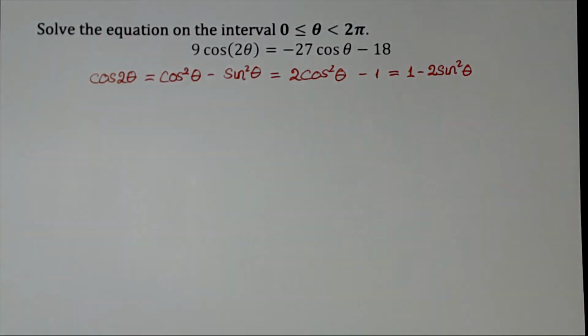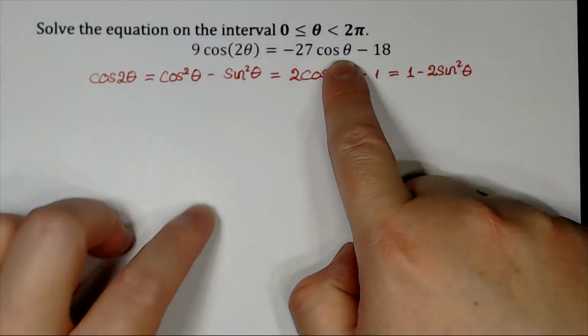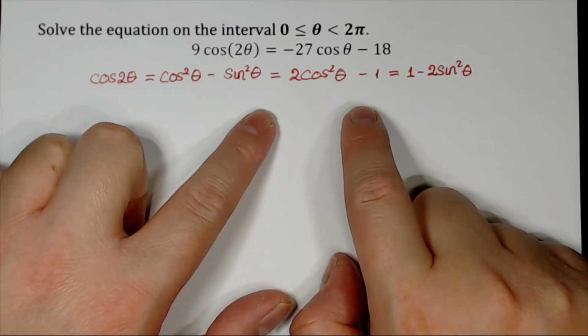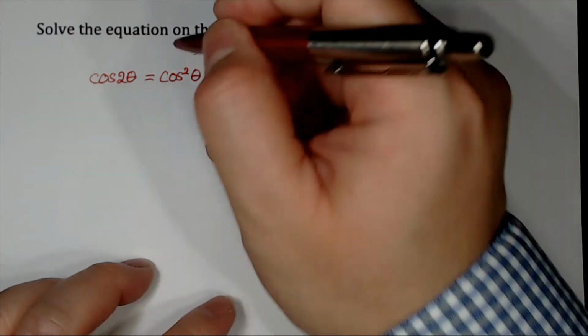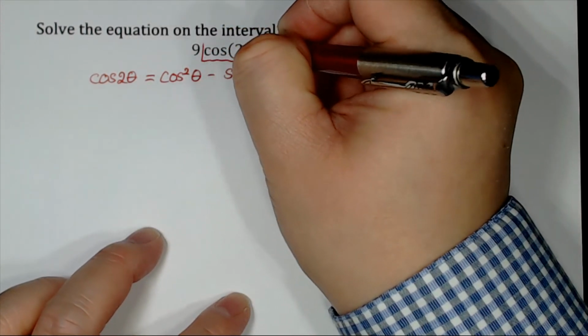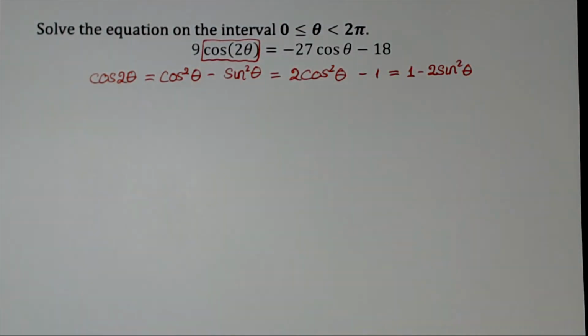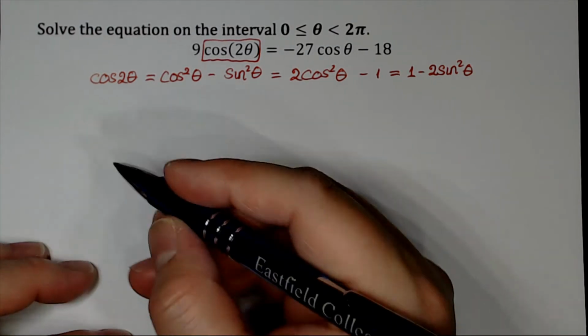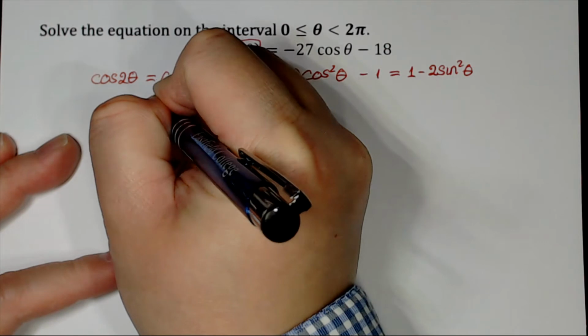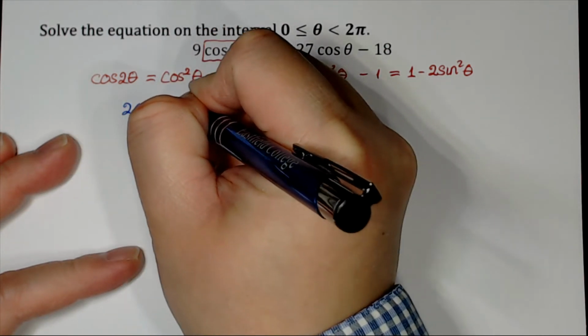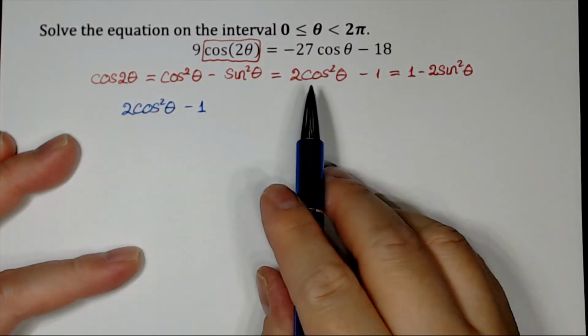Cosine, let's do a plus. The sign in the middle will be opposite. If that is a plus, this will be a minus. But the function will be the same function. We start with cosine and cosine, sine and sine.